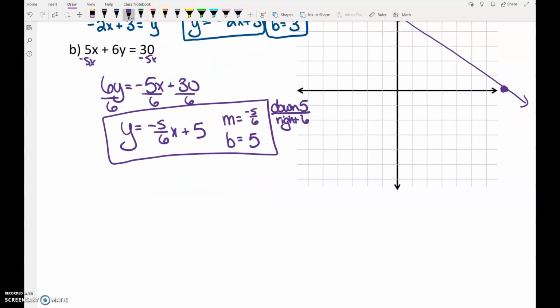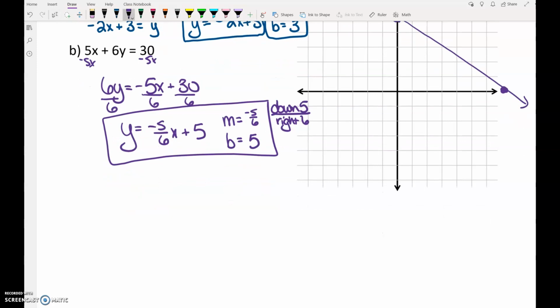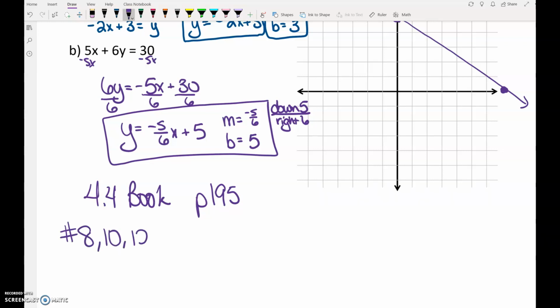All right, your assignment for the 4.4 book assignment starts on page 195, and you are doing number 8, 10, 12, 18 through 28 evens, and number 54.